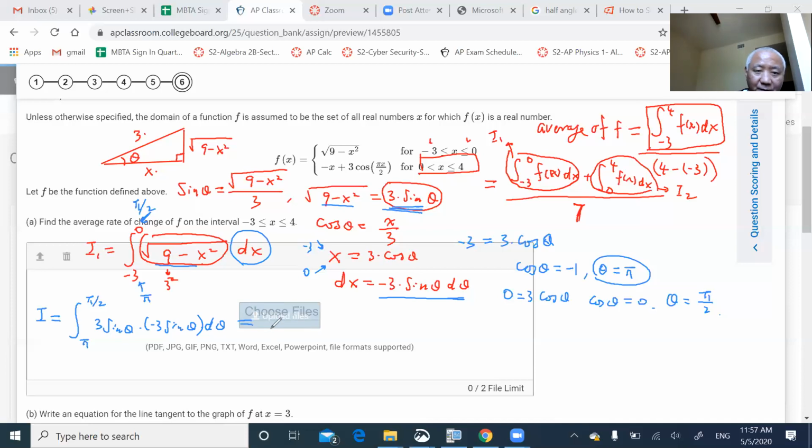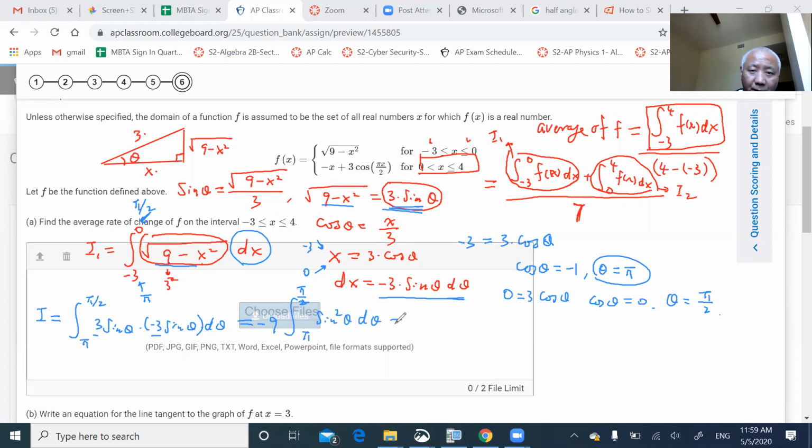And then we simplify a little bit. We take the -9 out, with limits pi to pi over 2. Here -3 times 3 together is -9, and sine theta times sine theta is sine square theta d theta.